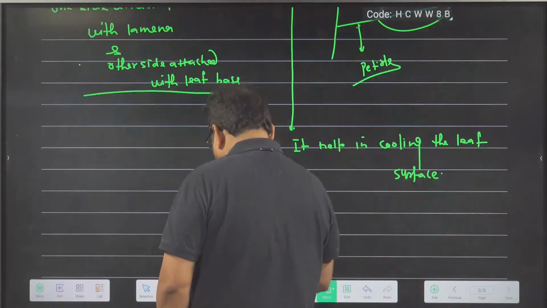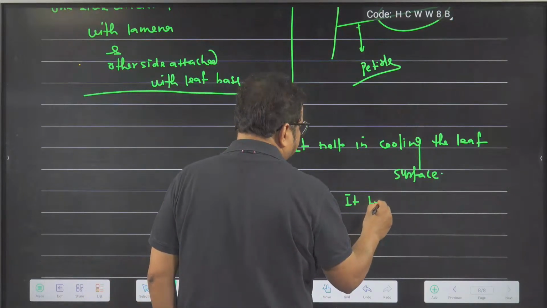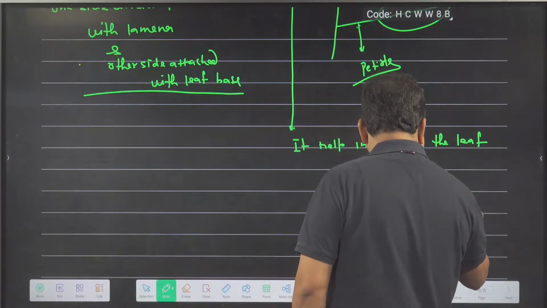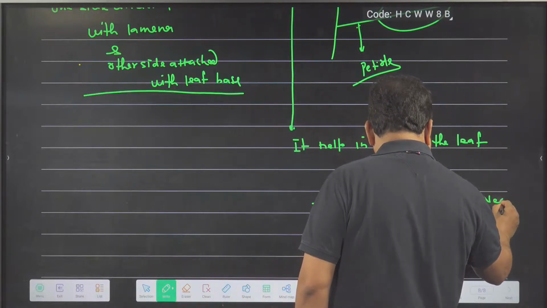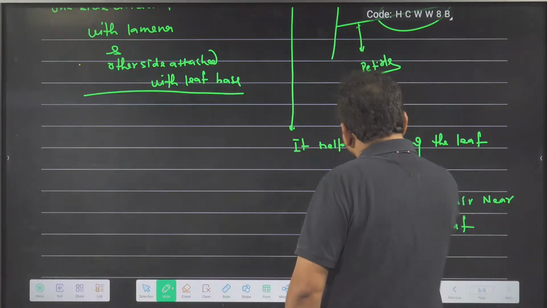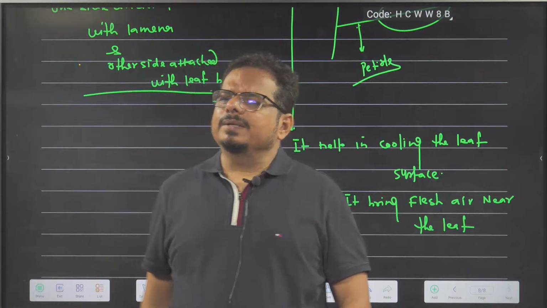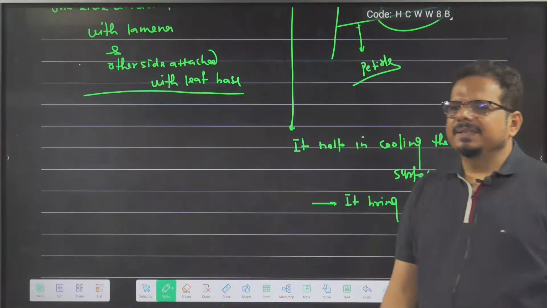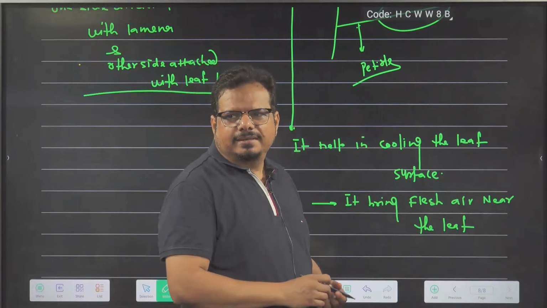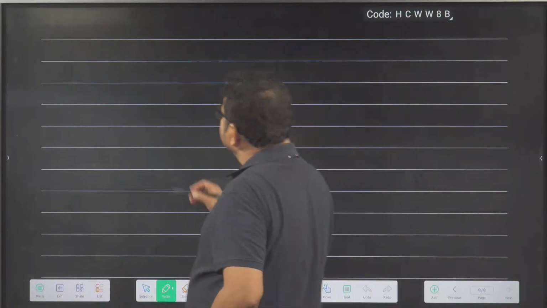It helps in cooling the leaf surface, as well as it brings fresh air near the leaf. Fluttering helps in this job, but this fluttering was not possible when who was not there? Petiole was not there. Is it all right? Is it done? So now we are going to talk about the lamina.